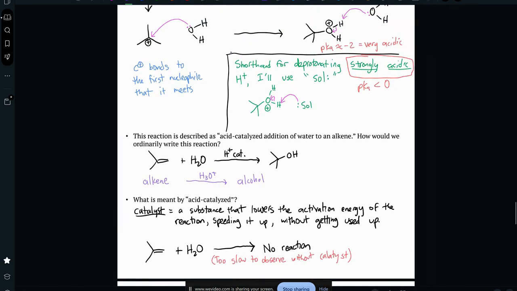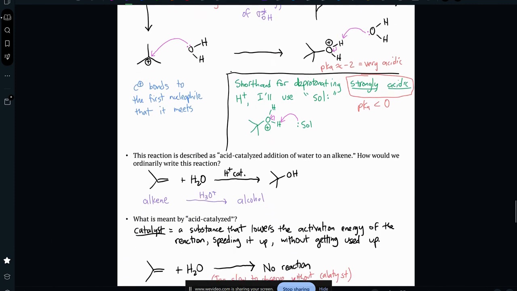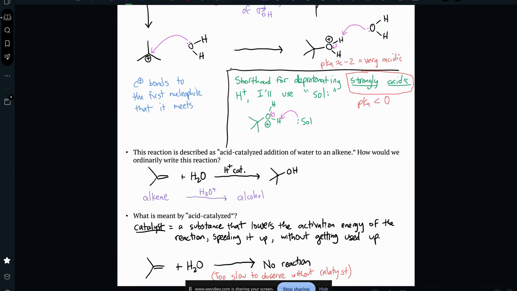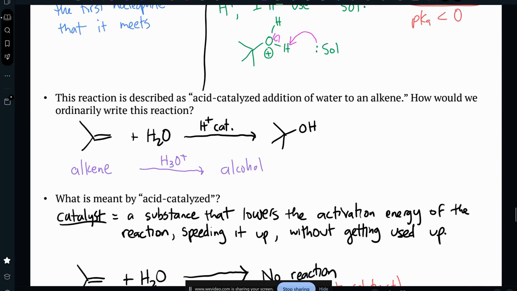So here we have our second example of an alkene addition, where what we have added to the alkene was an H on one carbon and an OH on another, right? If we consider this, we really added an H to one carbon and then OH to the other carbon.